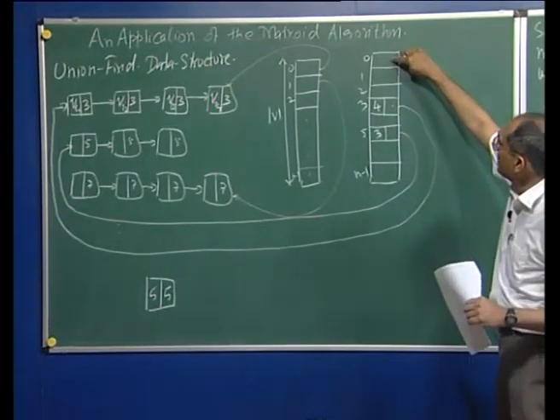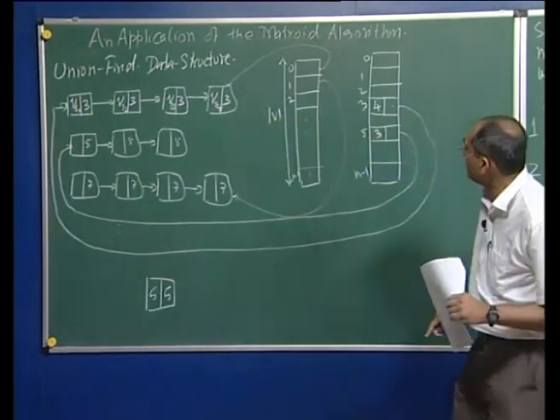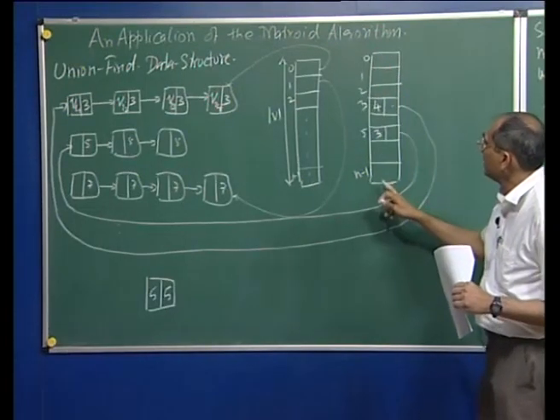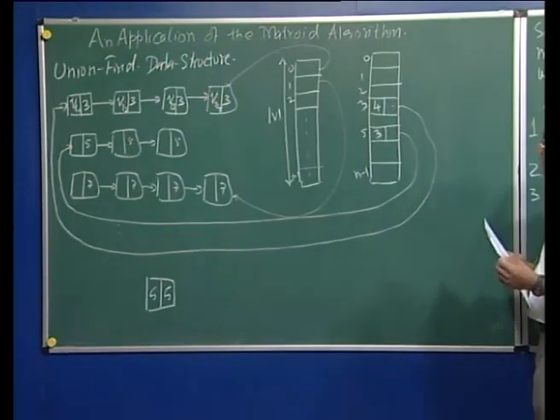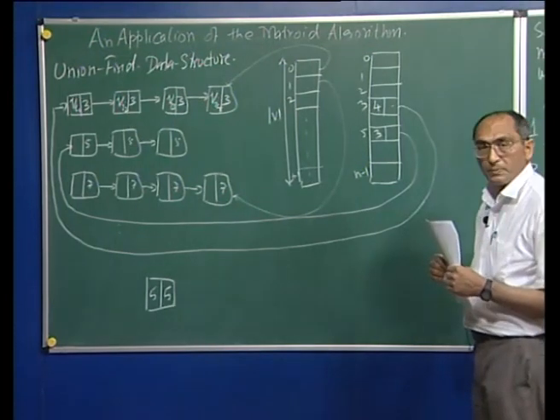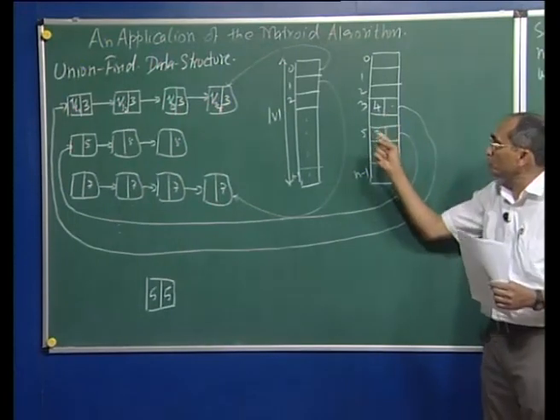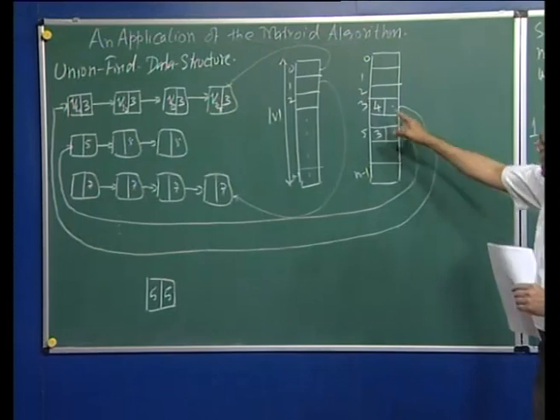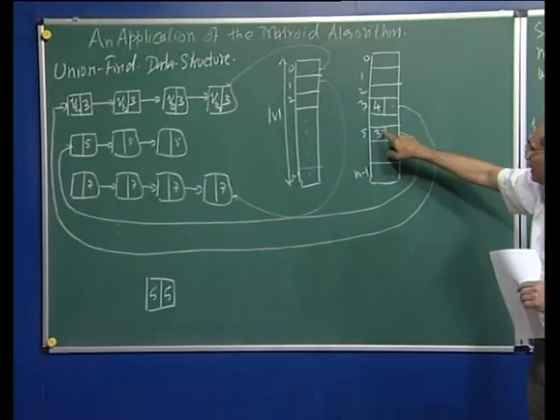Each of these will be pointing to one linked list containing only one node, and initial cardinalities of the list will be 1. When we have to perform a union, we will first look at the two sets that we have to perform the union of. The two sizes that we have, we will pick the smaller one.